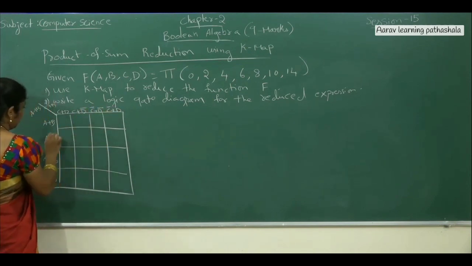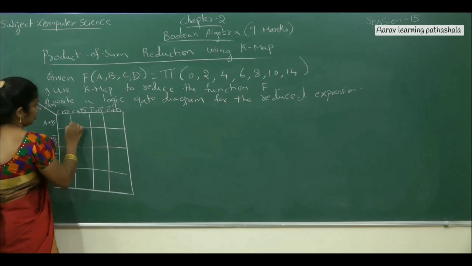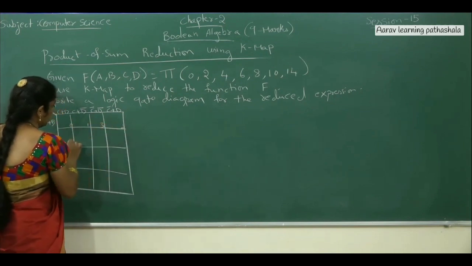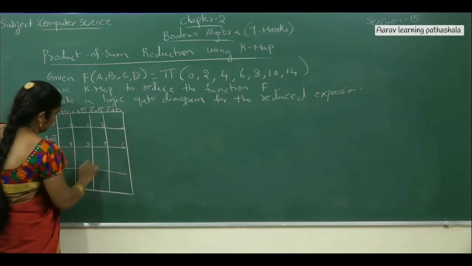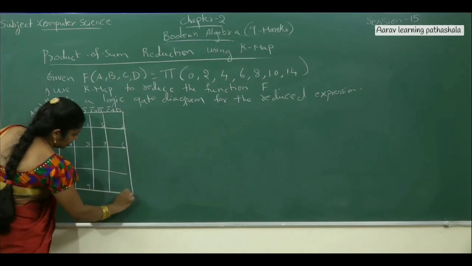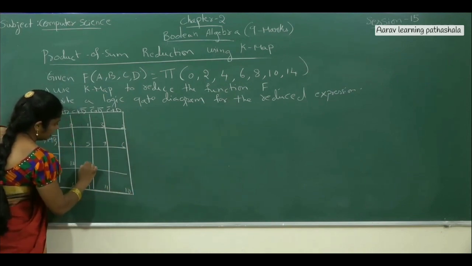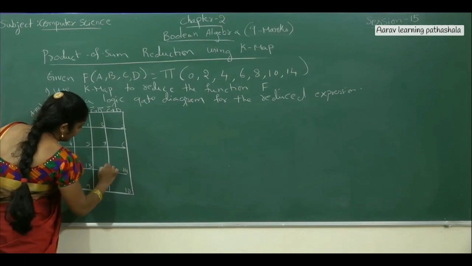Next 4. 1, 2, 3, 4. Here 0, 1, 2, 3, 4, 5, 6, 7, 8, 9, 10, 11, 12, 13, 14, 15.